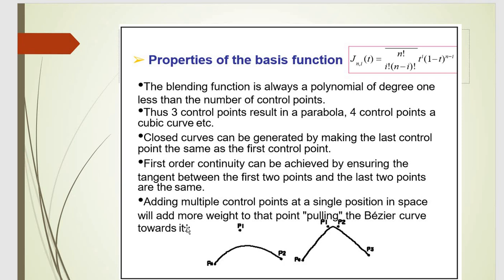For example, if we have 4 control points over here, then the degree will be n minus 1, and my curve will be a cubic curve. The shape of the defining polynomial is usually followed by the Bezier curve. The Bezier curves are tangent to the first and last edge of the control polygon.